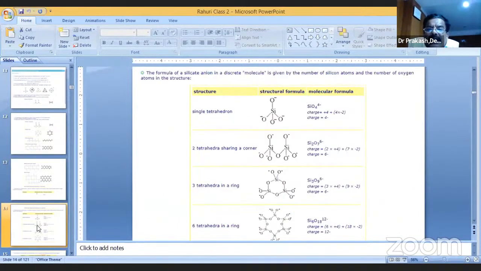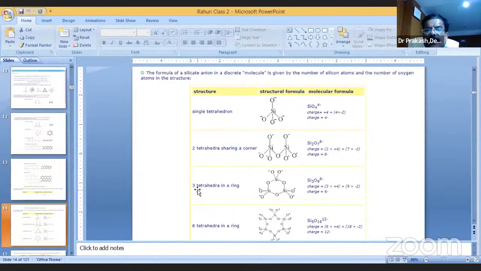So now you can see this, the structural formula, molecular formula, that is the discrete unit formula. For a single tetrahedron, the formula is SiO4, 4 minus. In case of 2 tetrahedra sharing a corner, that is paired sorosilicates, it is Si2O7, 6 minus.